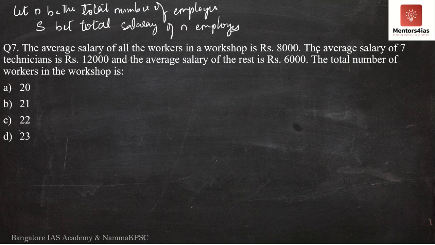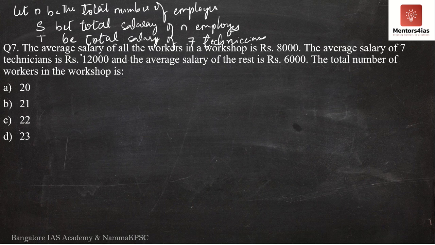Also, we have the average salary of technicians. So I'm going to say let T be the total salary of the 7 technicians. So these are the notations that I'm going to assume for this particular question. Now, the question says the average salary of all the workers in a workshop is rupees 8,000.